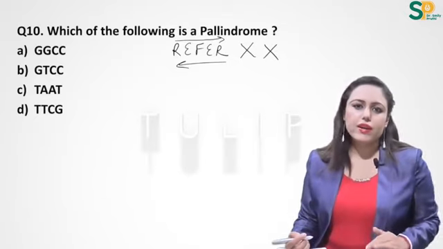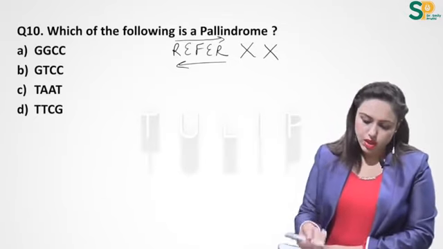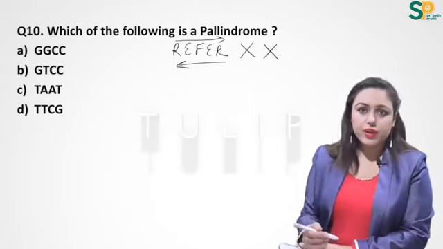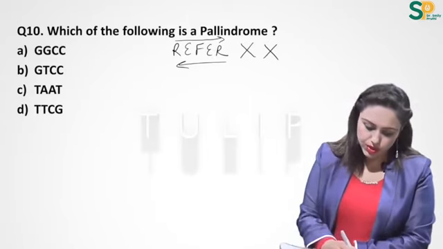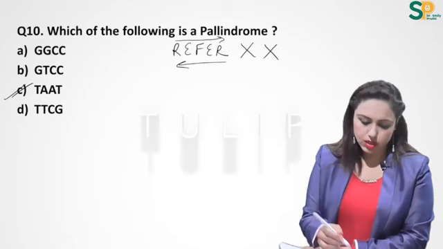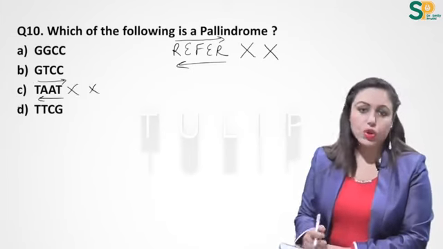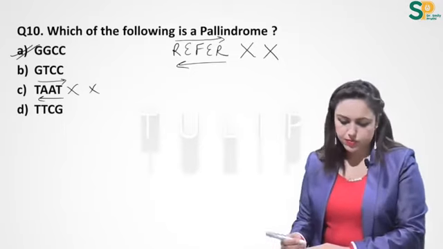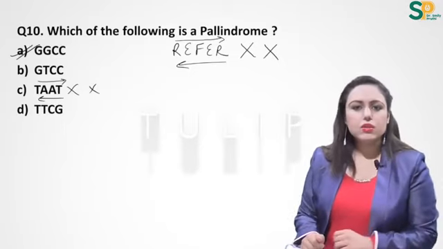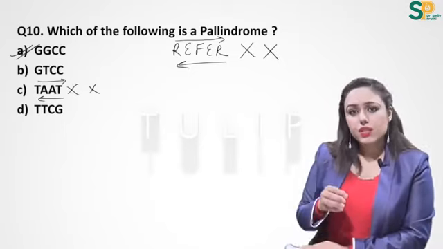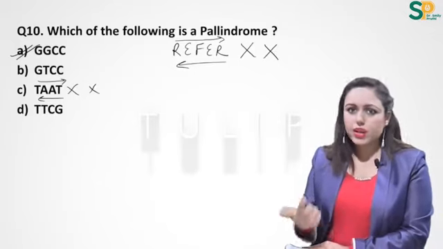You should never take the example of an English word. If you do that, with REFER as an example of a palindrome, then you will say this is the answer, TAAT. TAT from here, TAT from here, but no, this is not the answer. The answer is this. Let me tell you the basic point. Restriction endonuclease enzyme is cutting palindromes.